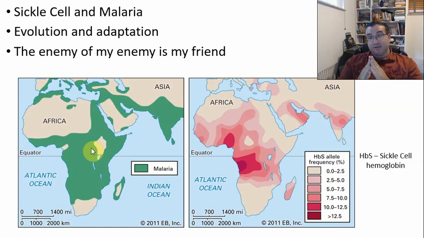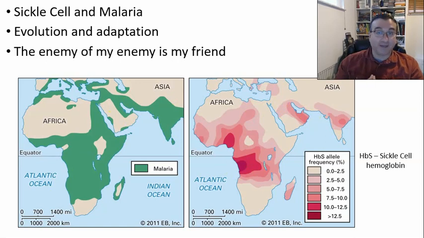So, because sickle cell gives some resistance to malaria, in some ways it is an adaptation to resist the survival pressure of dying from malaria. Sickle cell is not a great thing to have, but malaria is a terrible disease to have that kills millions of people every year. So, it's the idea that the enemy of my enemy is my friend.